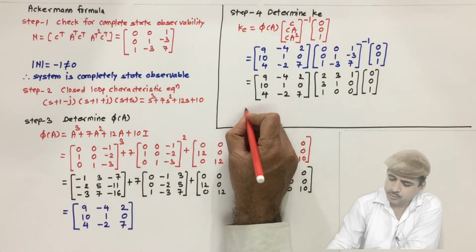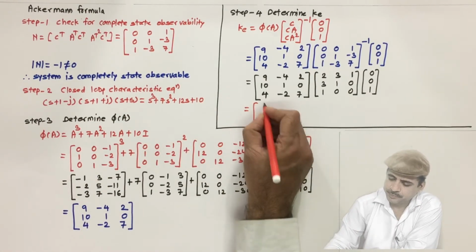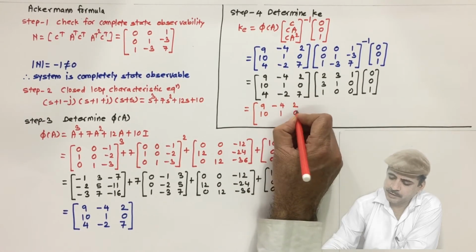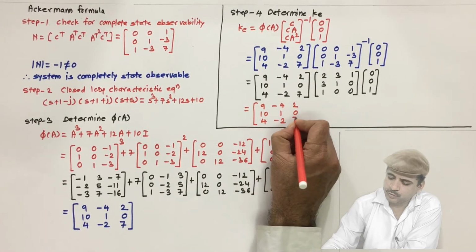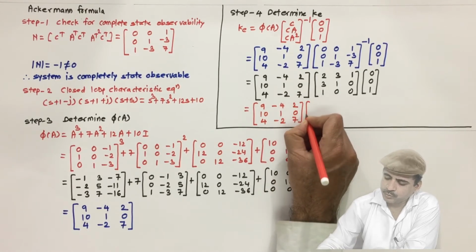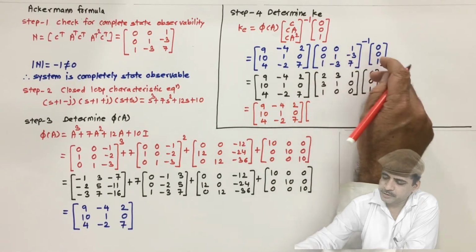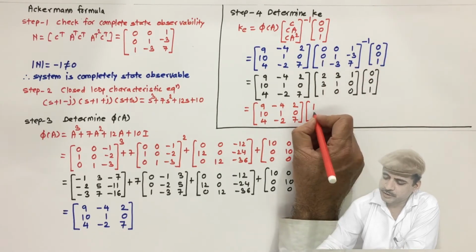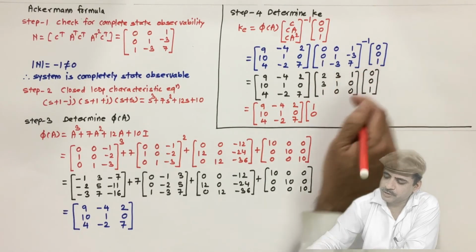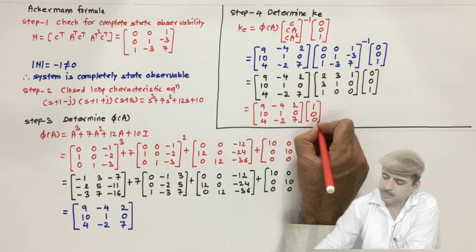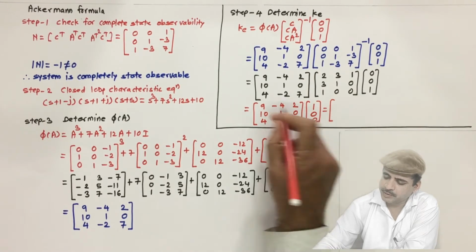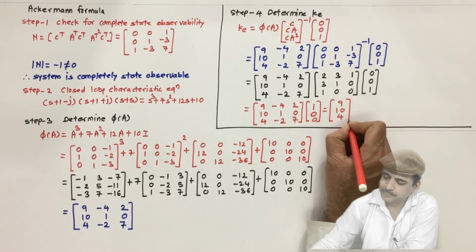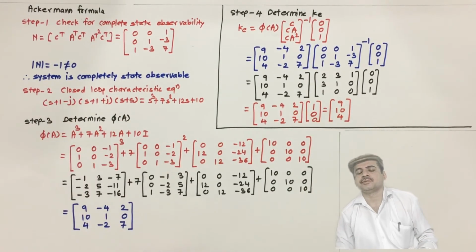So which is equal to 9 minus 4 2, 10 1 0, 4 minus 2 7 into 0 plus 0 plus 1, it's 1, 0 plus 0 plus 0, it's 0, and 0 plus 0 plus 0 is 0. And if I perform this multiplication, it will be 9, 10, 4. So the same value I have got.